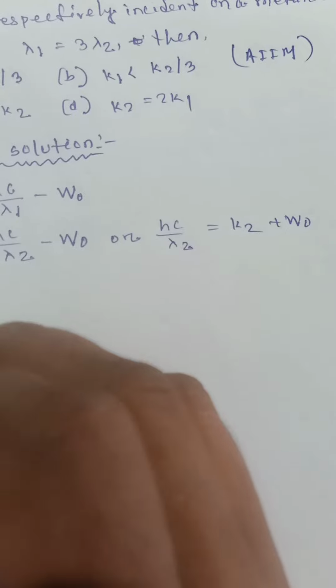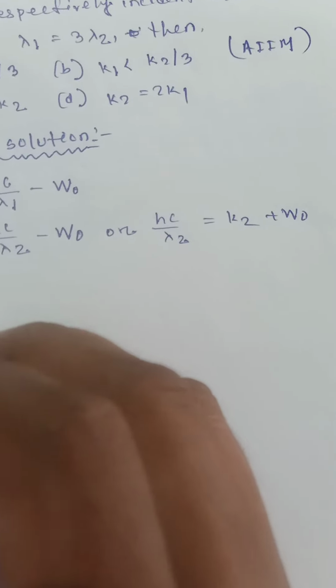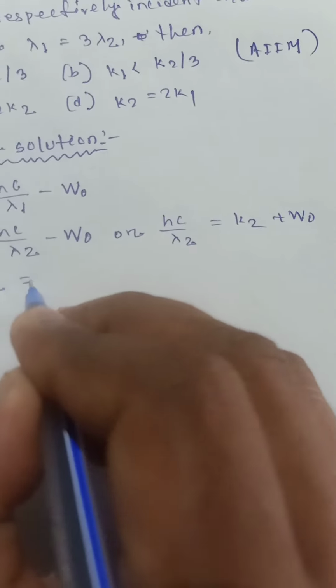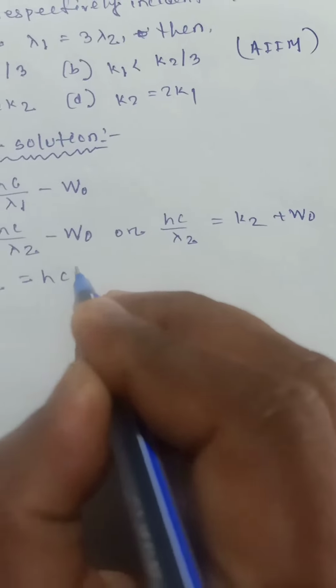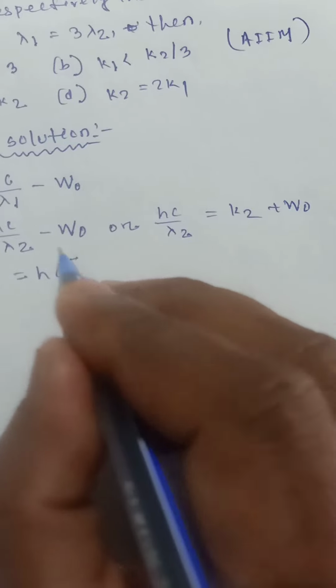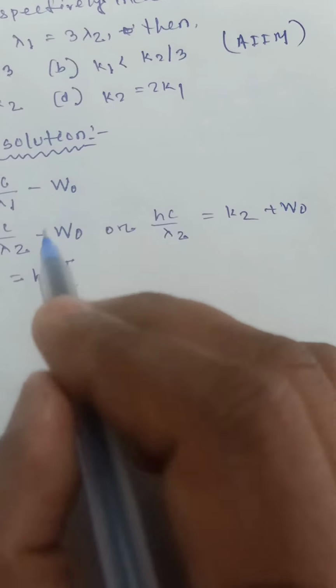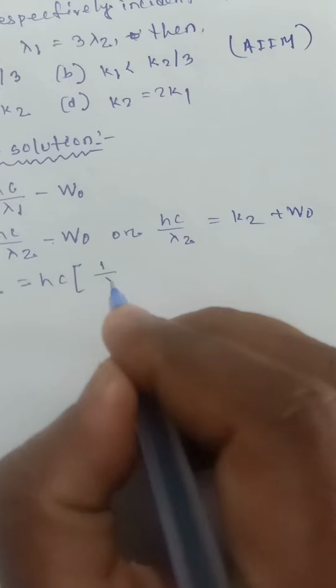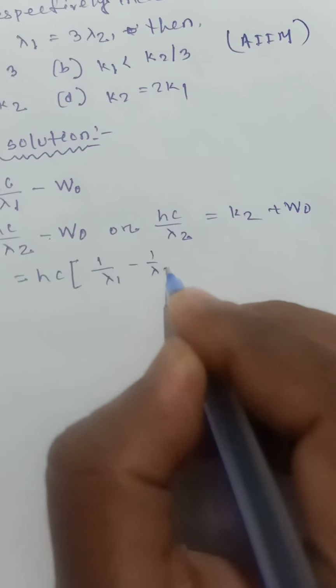Now the difference between the two kinetic energies, K1 minus K2, is how much? Taking hc common, the plus and minus work function terms cancel, so we get hc times (1 by lambda 1 minus 1 by lambda 2).